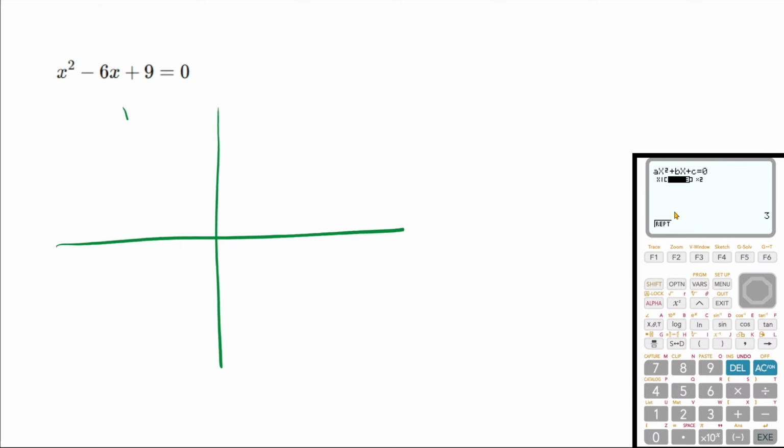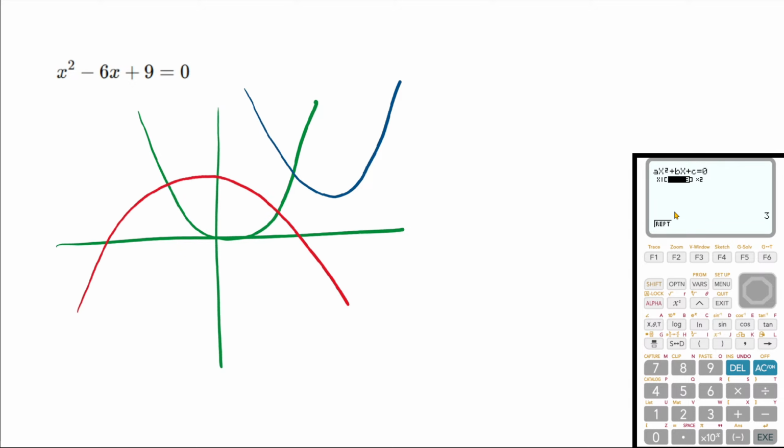We know that our quadratic can look in 3 different ways, and hopefully I can somewhat draw them nicely, somewhat symmetric. Don't worry too much about my drawing. There we go. And then we're going to have one over here. Okay, now we have 3 quadratics here. We have the red quadratic, which is F. We have the green quadratic, let's call it G, and the blue one is going to be H.